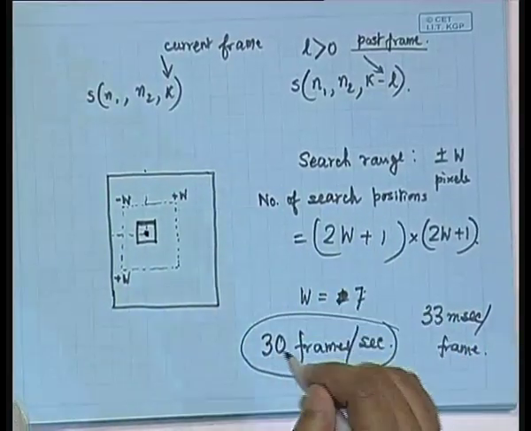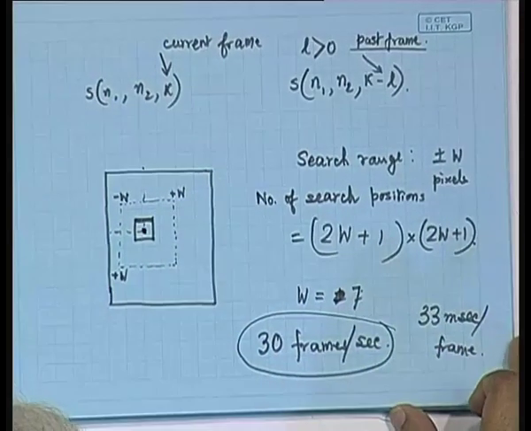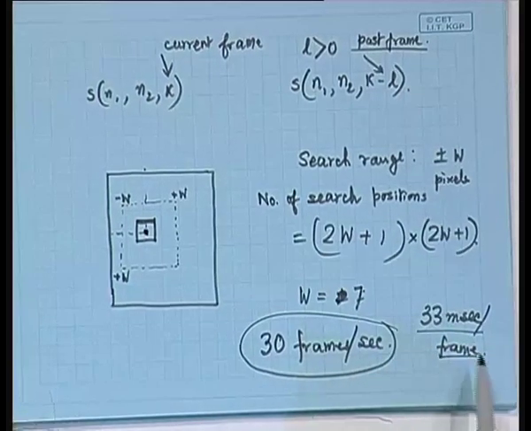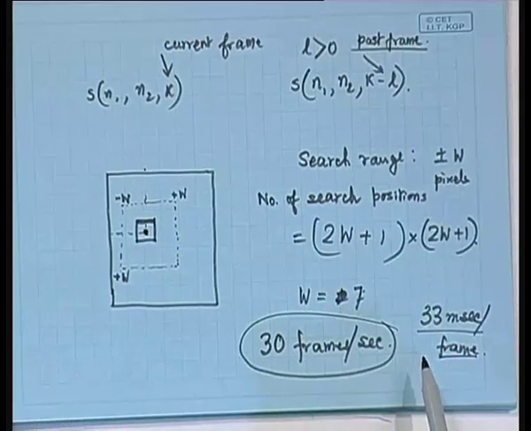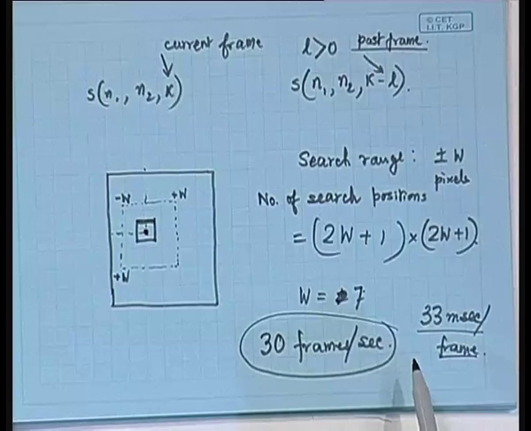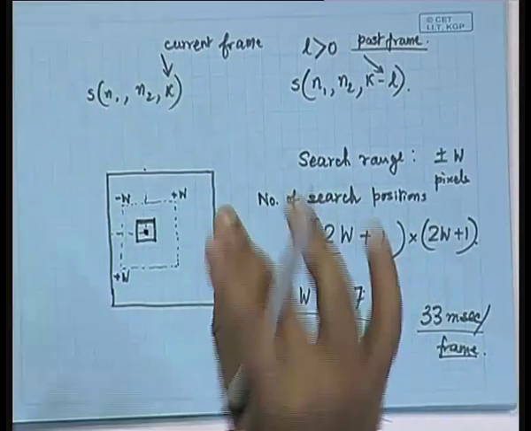So, what I mean to say is that let us restrict. For a 30 frames per second rate, we should have a real time computation, and real time computation means the computational load should be considered very carefully. Now, what is the computational load?